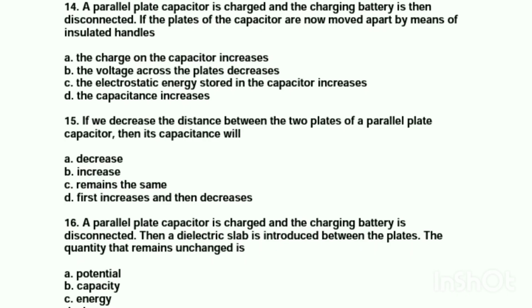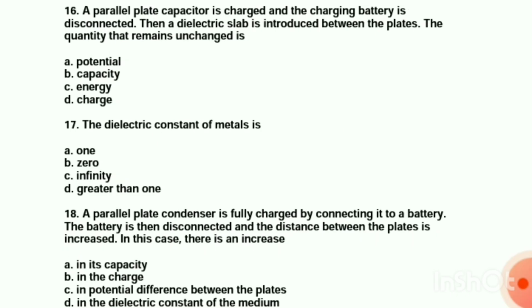C தான். அடுத்து if we decrease the distance between two plates of a parallel plate capacitor, then its capacitance will என்ன ஆகும், increases. B தான். அடுத்து a parallel plate capacitor is charged and the charging battery is disconnected. Then a dielectric slab is introduced between the plates. The quantity that remains unchanged is charge.